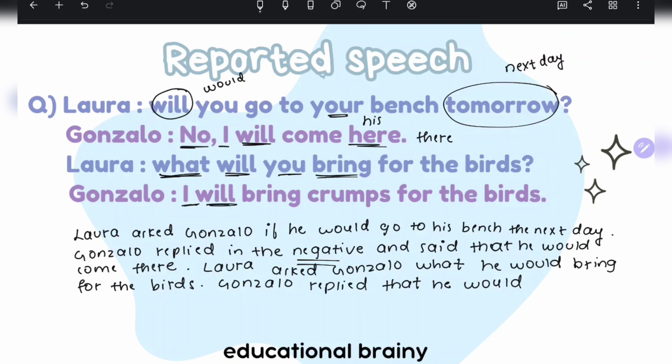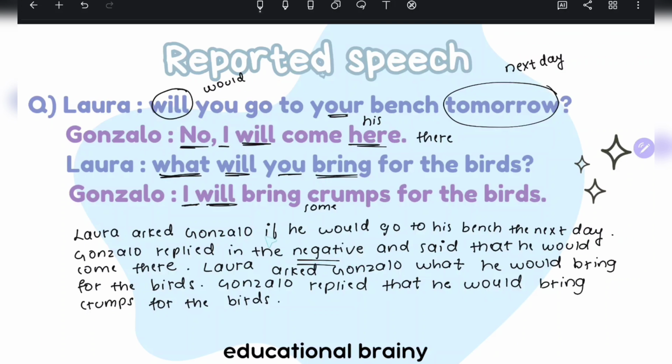See, "will" changes to "would". Bring some; keep this as it is. Whatever is given in the question, if it is "some", then write "some". Don't miss the word. If it is only "crumbs", just write crumbs. Crumbs for the birds as it is. See how simple it is.